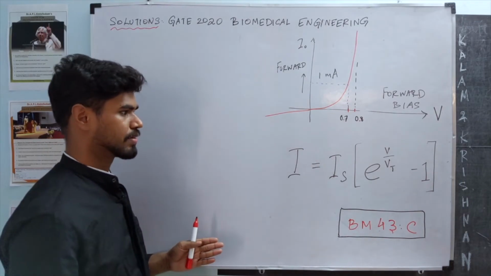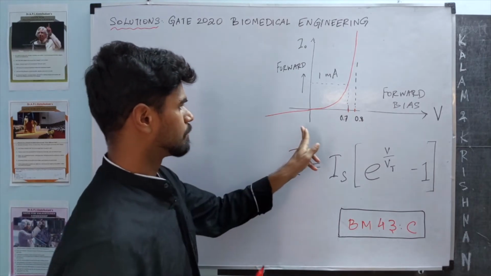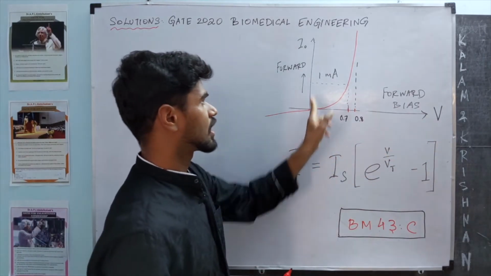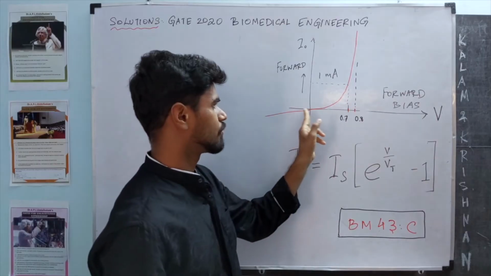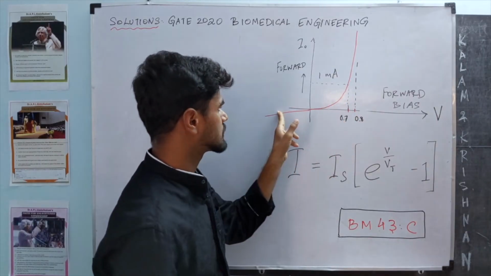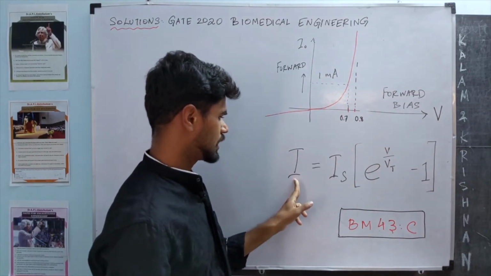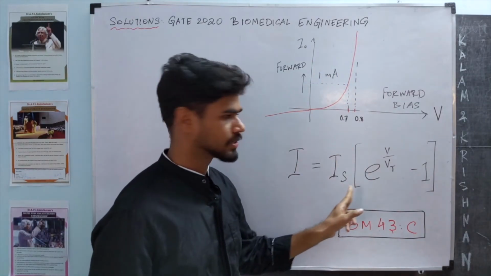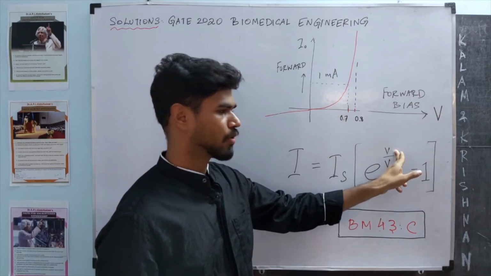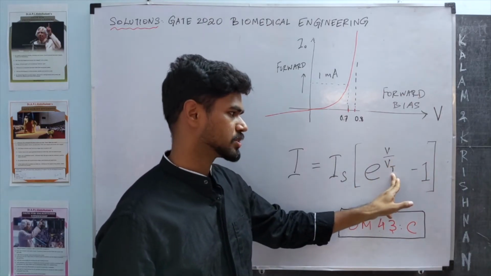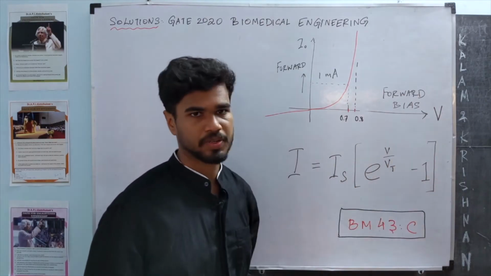Okay, so they have given the voltage current characteristics for a diode. For a diode in forward bias it is exponential. So the current in it depends on a constant Is times exponential of the forward bias voltage by thermal voltage, minus 1.